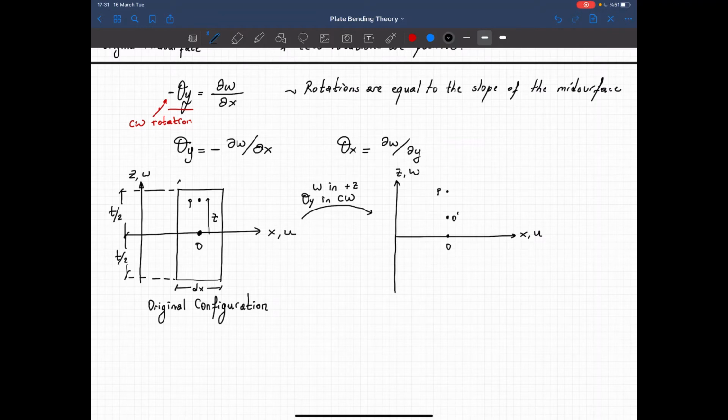So what we see, let's draw the deformed shape, a rotation and movement in the vertical direction. So this angle remains 90 degrees, no shear deformation, and point P moved here, that's P prime.